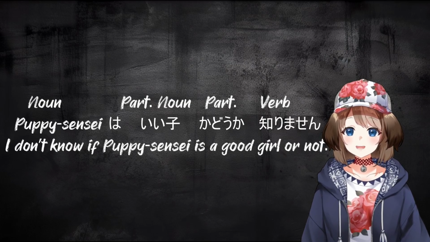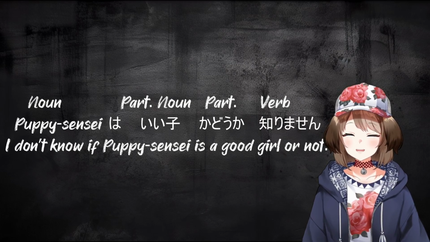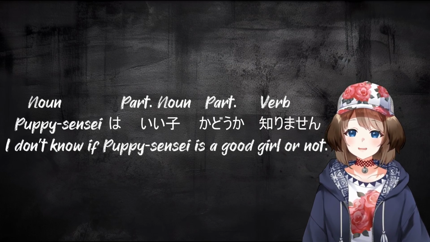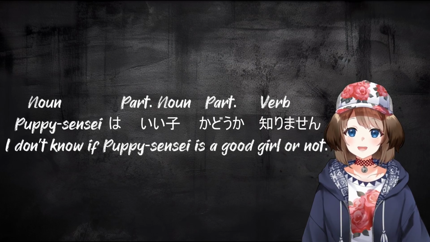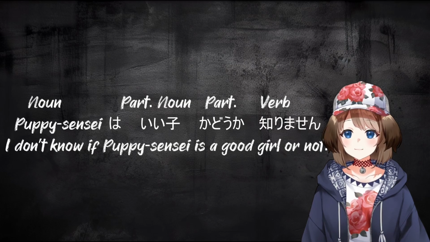Now, in the case of a sentence like this, we've attached a noun to ka. We're basically creating a sentence that hesitantly remarks about a possible tenuous connection between two nouns, in this case, me and good pup.